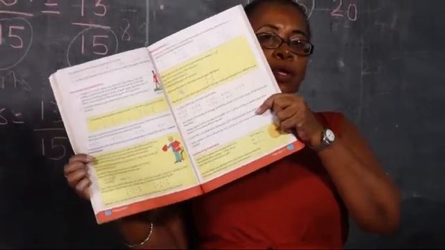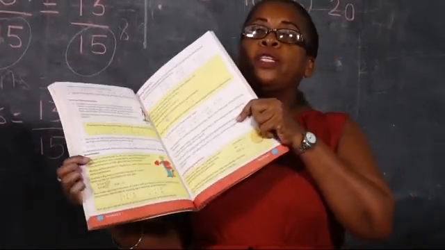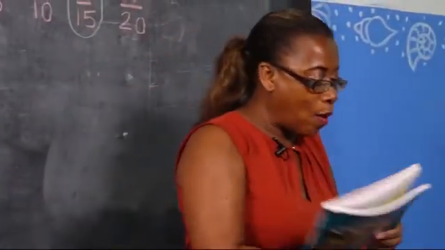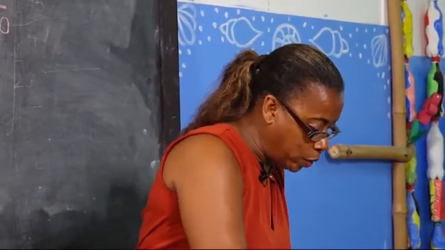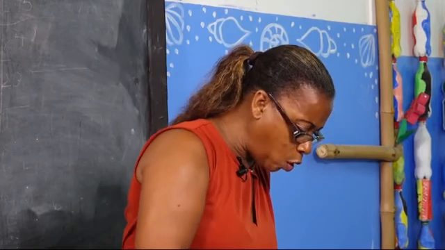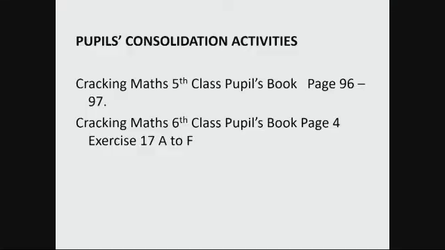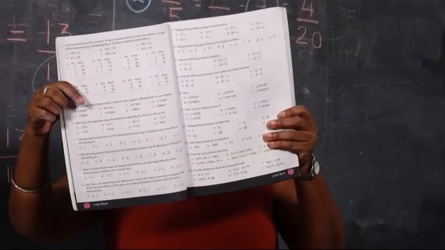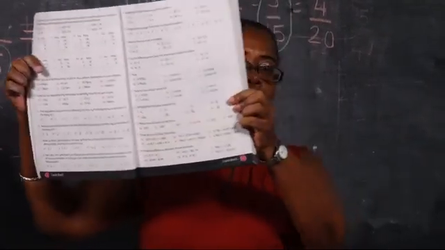You will work out the addition of fractions, and I want you to use the equivalent fraction method. Whereas for P6, you will use your Cracking Maths sixth class pupils book, okay, on page 4.